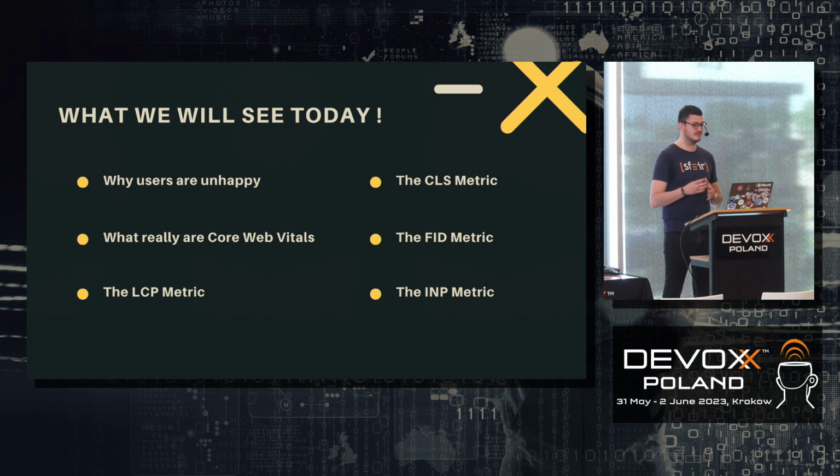The first metric will be the LCP, Largest Contentful Paint. The second one will be the Cumulative Layout Shift, CLS. The third one, the FID, First Input Delay metric. And the last one, which is still pending and not totally integrated into the Core Web Vitals, is the INP metric, Interaction to Next Paint.